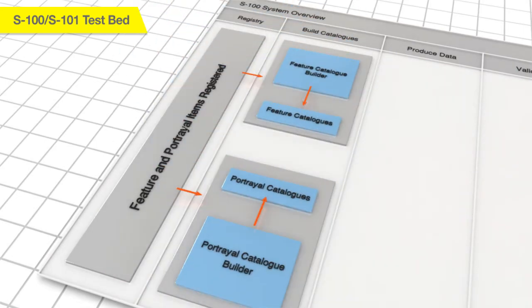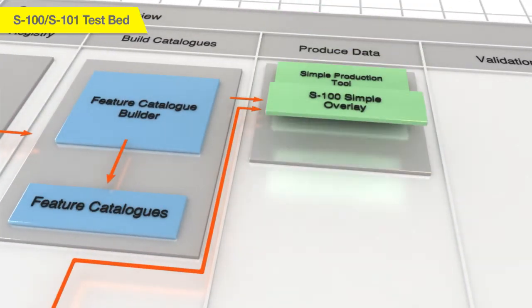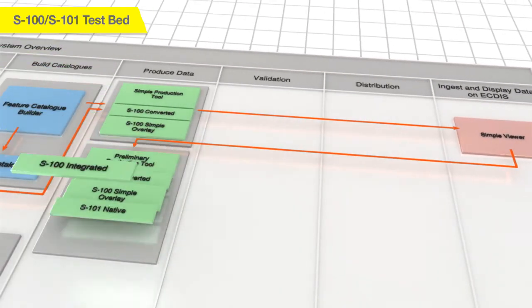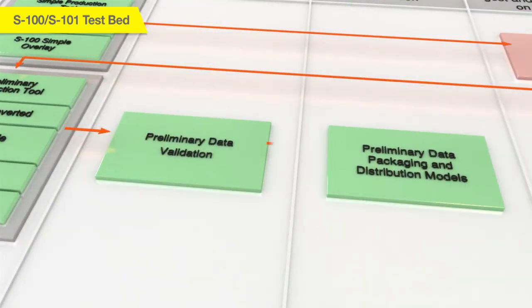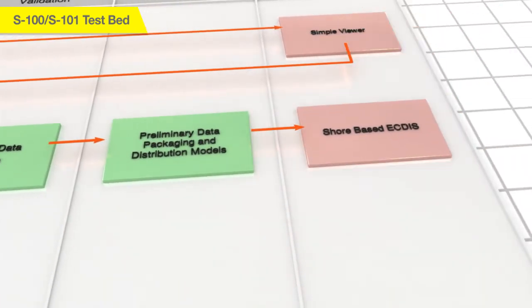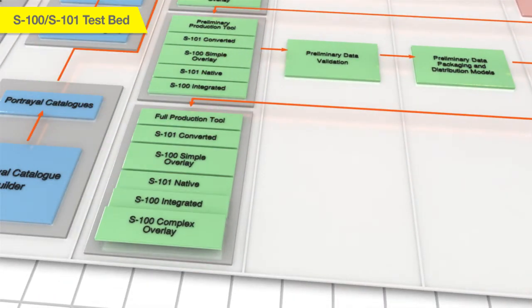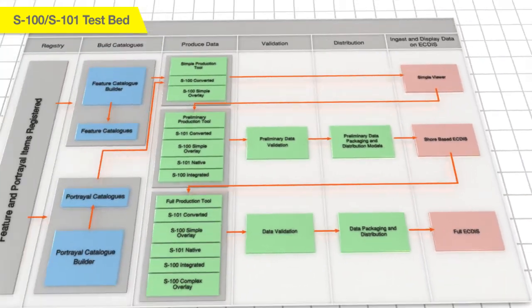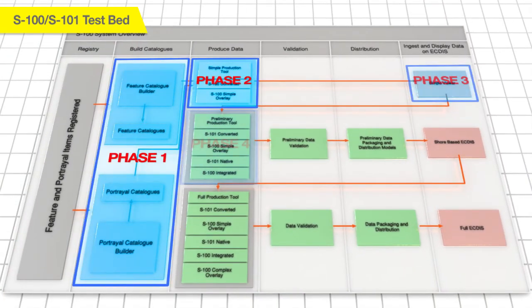IHO is establishing an S100 S101 testbed and has planned to verify the new functionality of S100 product specifications. The testbed consists of multiple subsystems. Its development is iterative and is made up of 9 distinct phases.